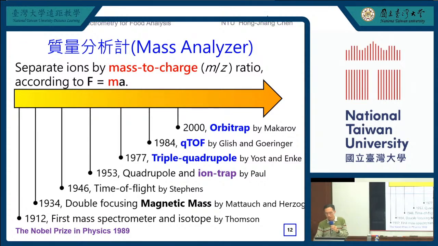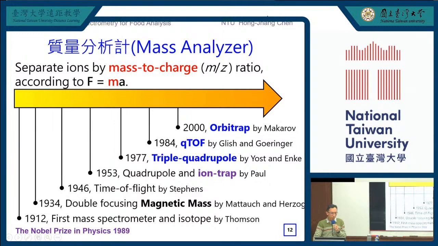Okay. After ionization, the ionized analyte will be sent into the mass analyzer. The mass analyzer is the core, the heart of the MS machine. The mass analyzer separates ions by mass-to-charge ratio. How is that done? It's based on Newton's equation of motion, F equals ma.